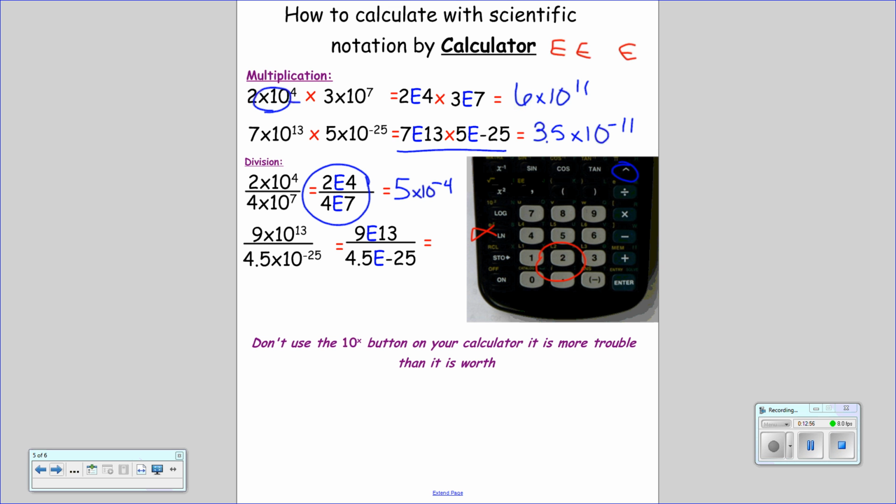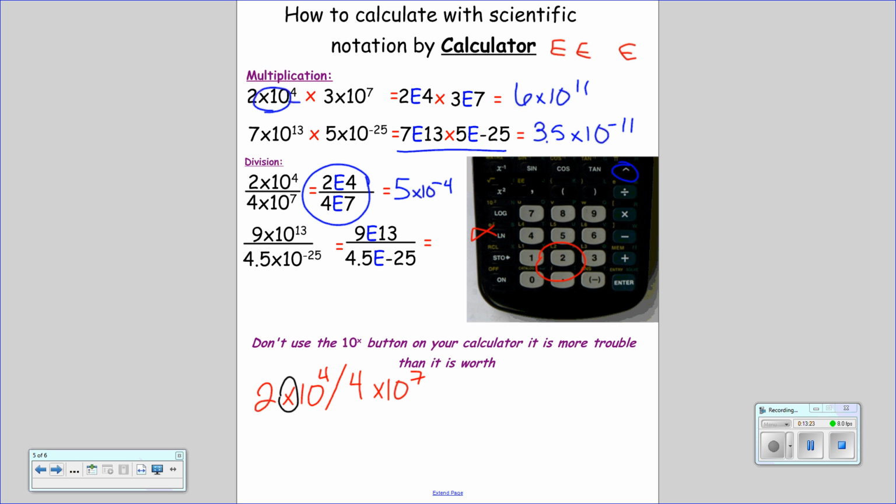Here's the reason. If you were to type it into your calculator as 2 times 10 to the 4th divided by 4 times 10 to the 7th, your calculator is very smart, very stupid, and very logical. It's going to go in exact order of operation.